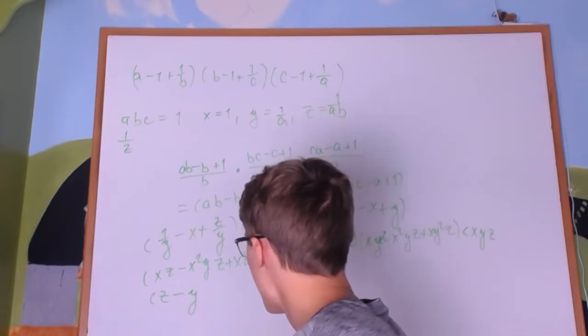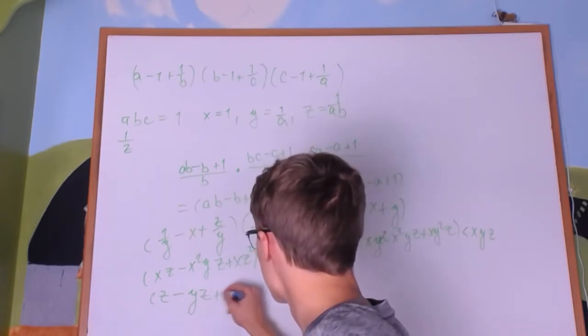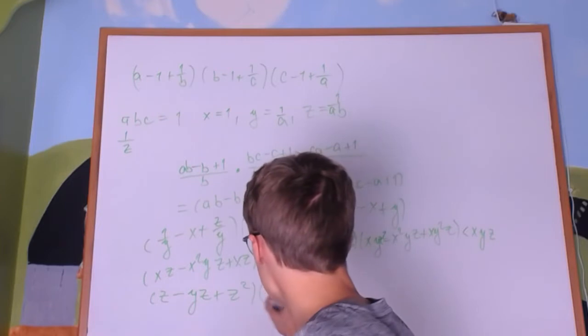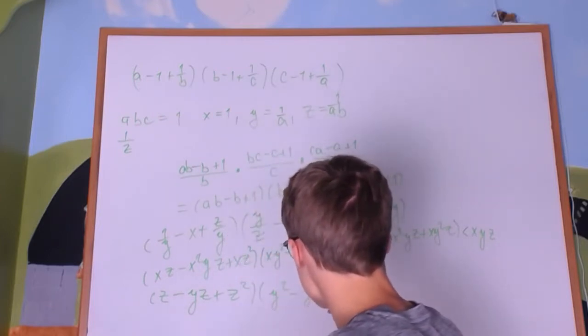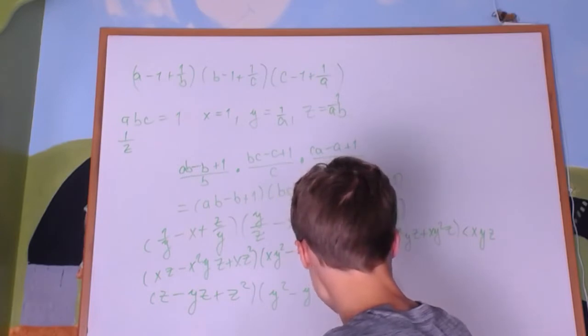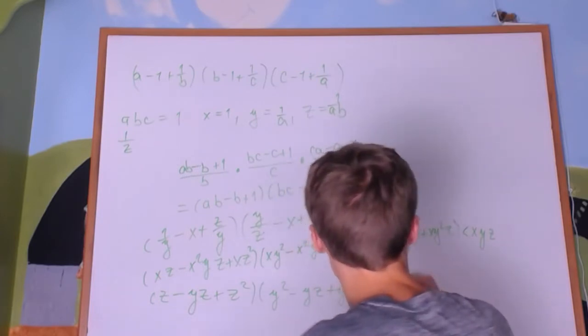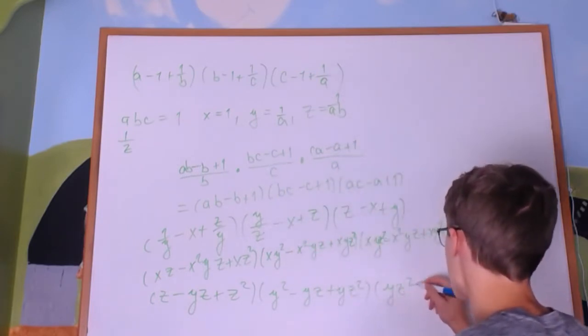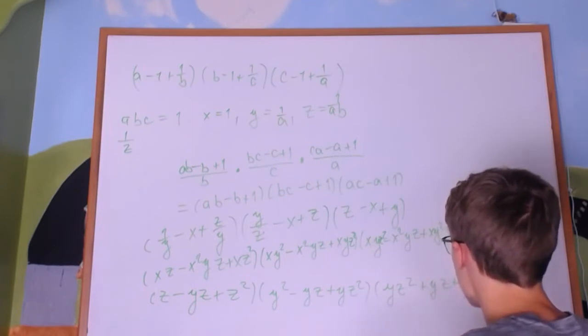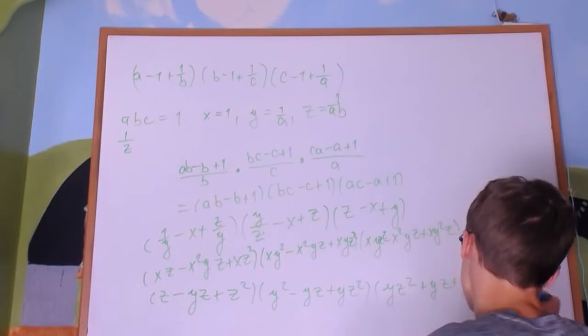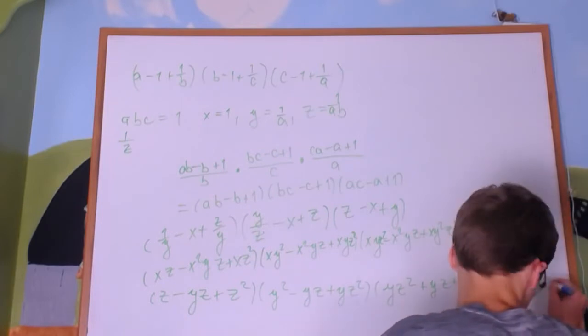Z minus yz plus z squared times y squared minus yz plus yz squared plus yz plus y squared z. Wow, that's so cool.